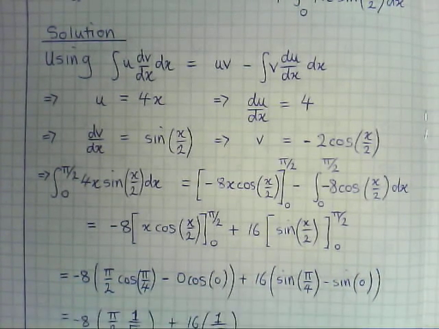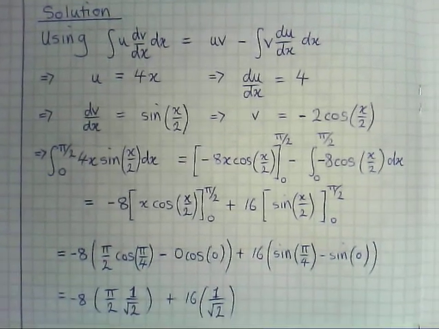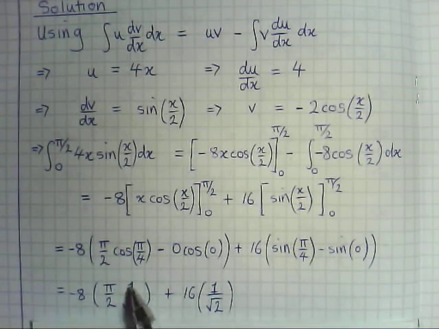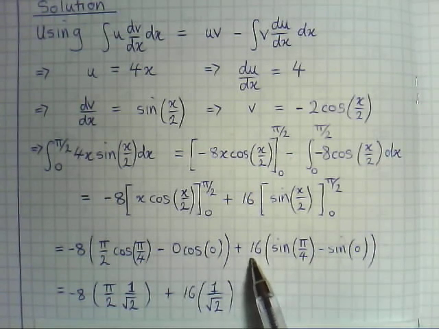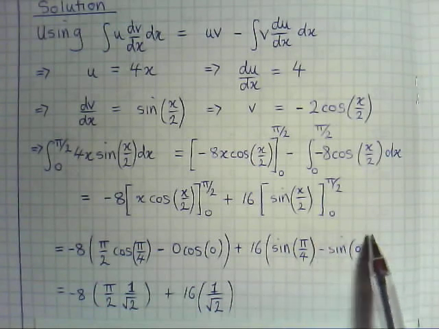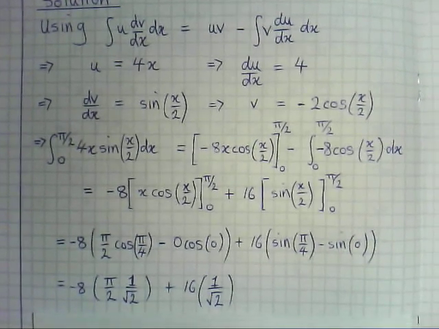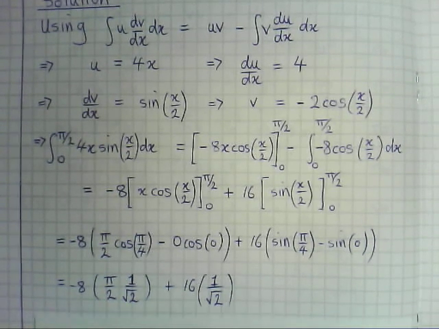So we can start substituting these values in, and we end up with the next line where pi over 2 times 1 over root 2, that term's gone, and we've got the 16 times 1 over root 2, that term's gone. So we're nearly there now. Just another line or two before we can get the exact value that we need.